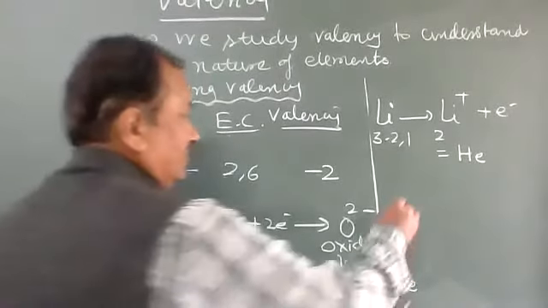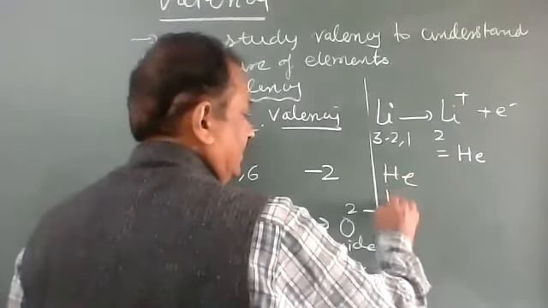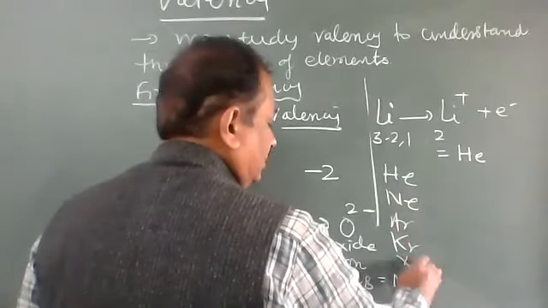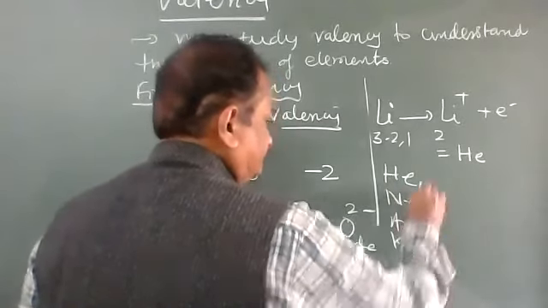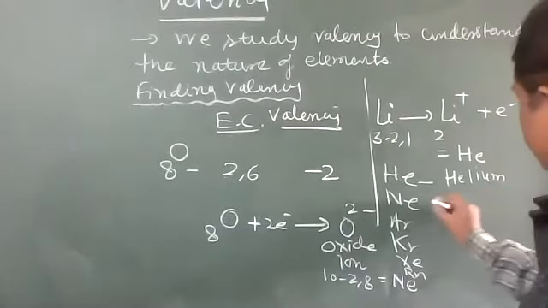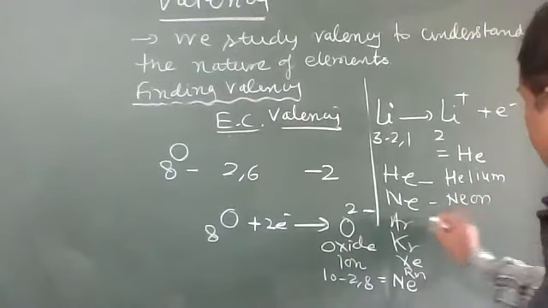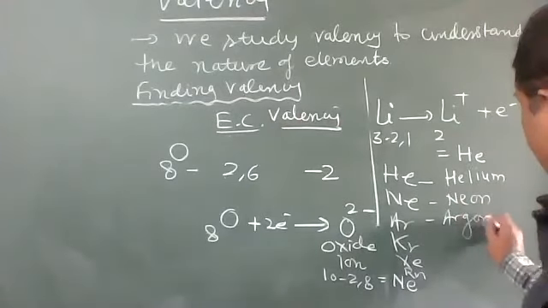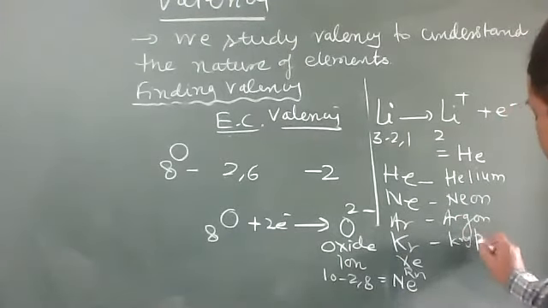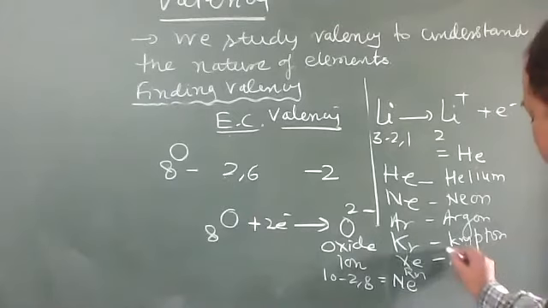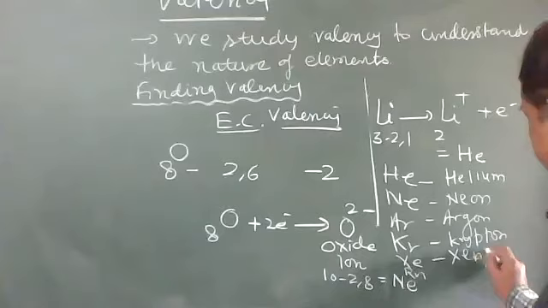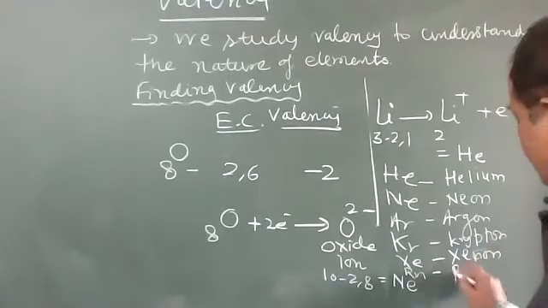So the noble gases are helium, neon, argon, krypton, xenon, and radon. This is helium, this neon, this argon, this krypton, xenon, and this radon.